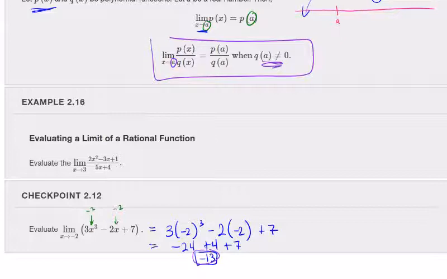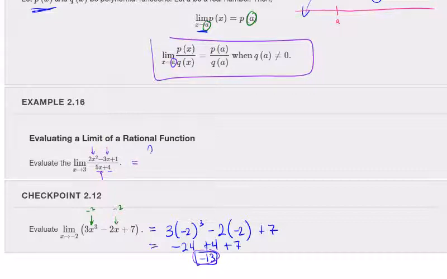So in this one, all I have to do is plug in 3 as the input and evaluate it, just do some PEMDAS, as long as it exists. I can easily check the denominator: if I plug in 3, 5 times 3 plus 4 is not going to be 0, so we can directly evaluate this.